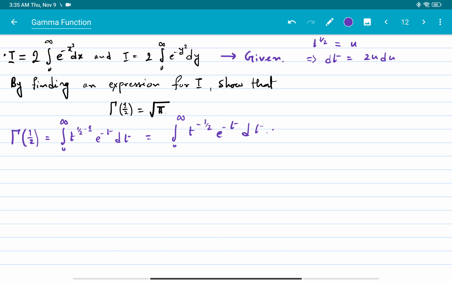If we follow this, we are left with 2 times the integral from 0 to infinity of e to the power minus u square du.